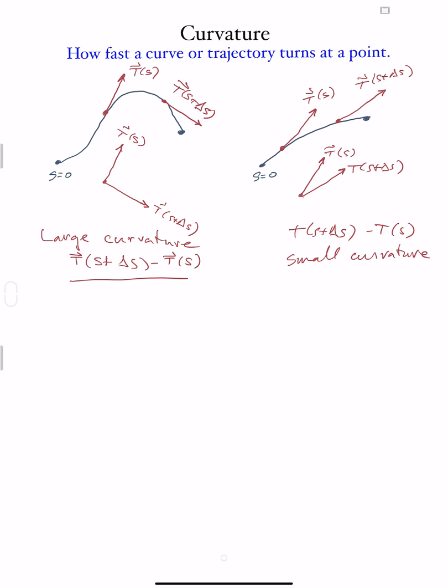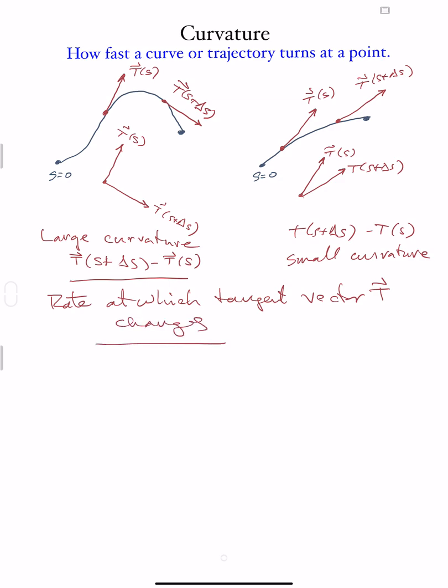And so what we're going to do is talk about the rate at which the tangent vector T changes.